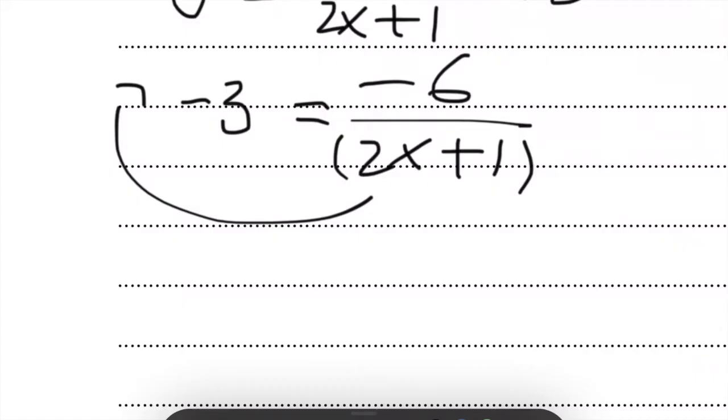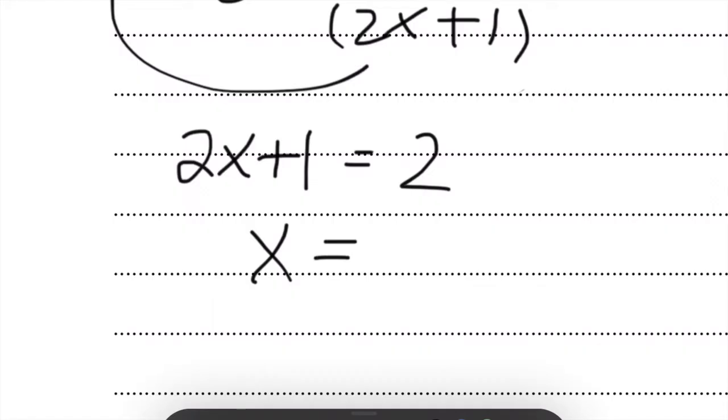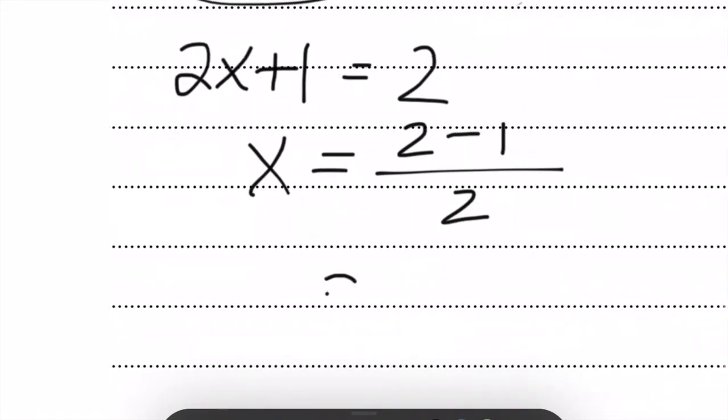We'll switch up here. So 2x plus 1 is equal to negative 6 divided by negative 3, which is 2. So you have 2 minus 1 divided by 2, which is half.